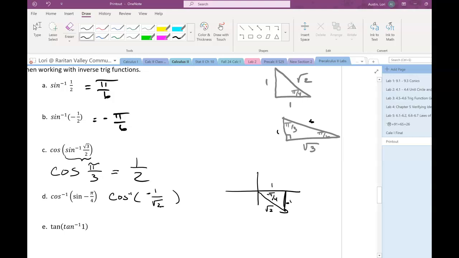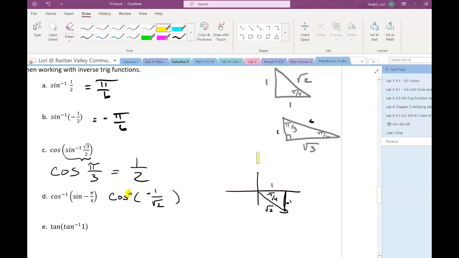Okay. So now I want cosine inverse of -1 over square root of 2. Now here's the problem. When we go to do our cosine function, now we are looking at an inverse function, and you need to think restricted domain.